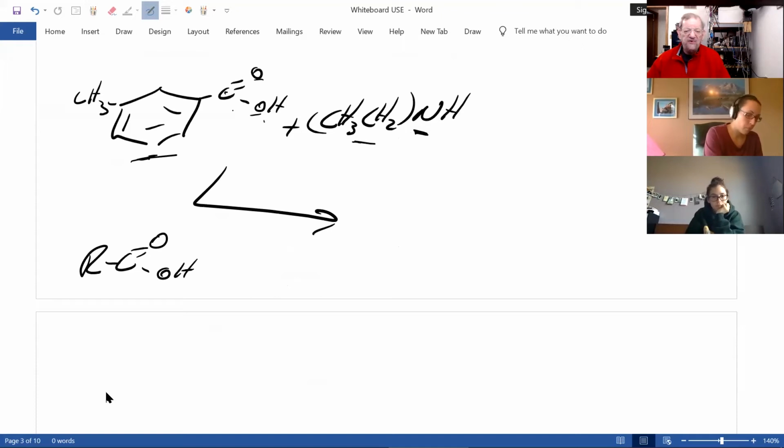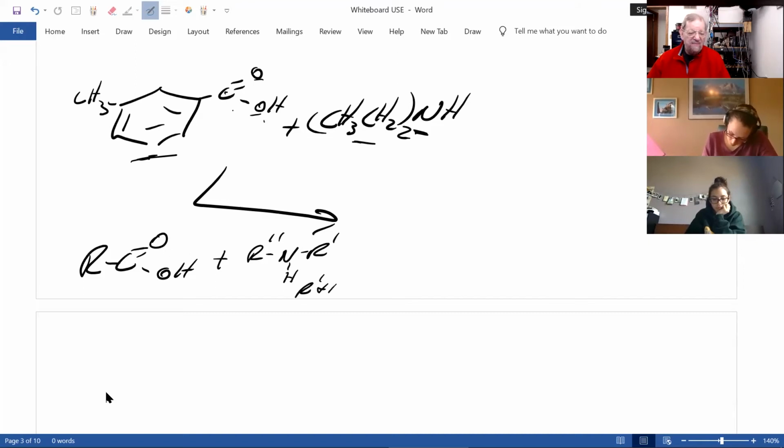With two R groups, there should be a 2 there. I apologize. Bad, Dr. White. I have a secondary amine where R and R prime are carbons, but R and R double prime can be. They're not in this example.